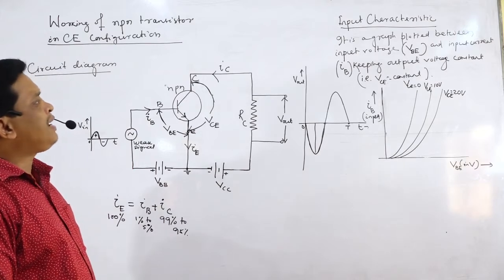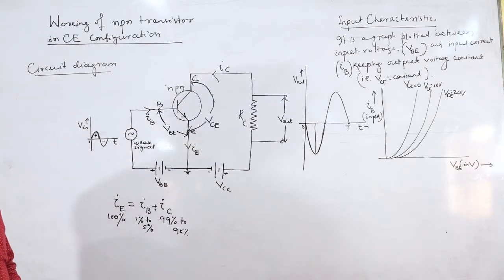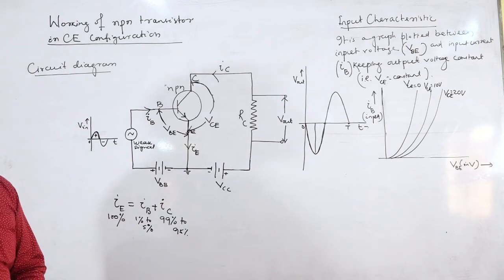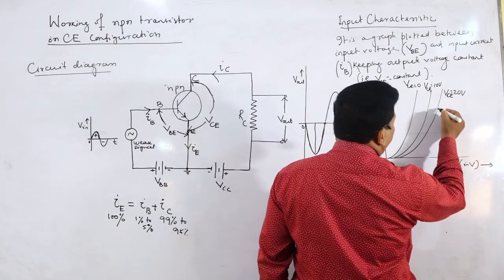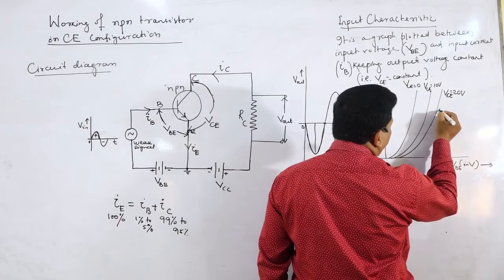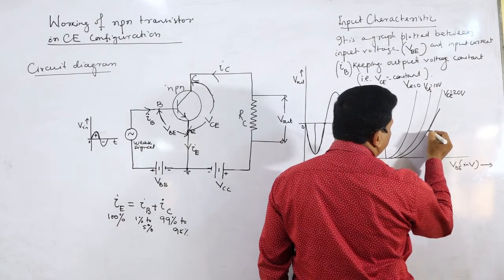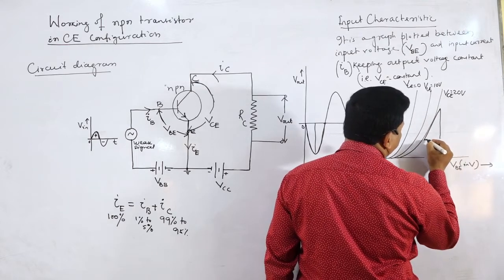Now let us see what information we get from the input characteristics. If you find the slope of this curve, you can draw a slope like this.